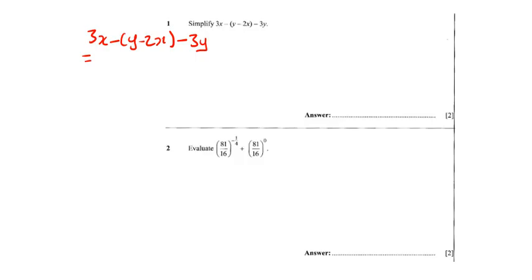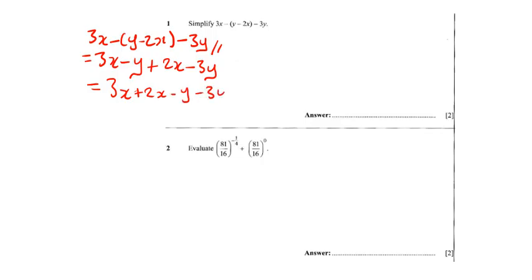So you say 3x, -1 multiplied by y will be just negative y, -1 multiplied by -2x will be positive 2x, and this number just comes the way it is, which is -3y. From this point you just group the right terms. So it will be 3x plus 2x minus y minus 3y.